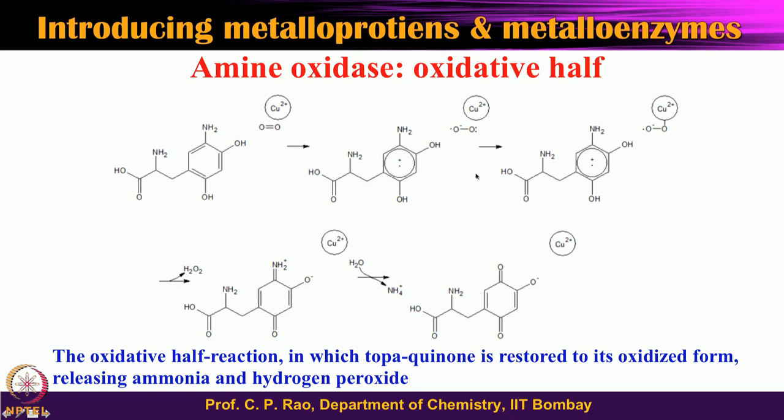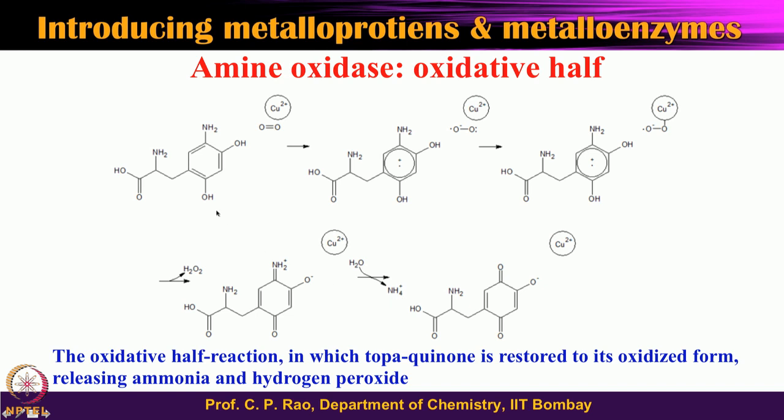That will release the H2O2, because you already made the O2 minus, and with protonation it will go to H2O2. Still the enzyme has one more stage, and at this stage you have to get the ammonia out. To get the ammonia out you need protonation, and that is by the water, and that will give the ammonium out.